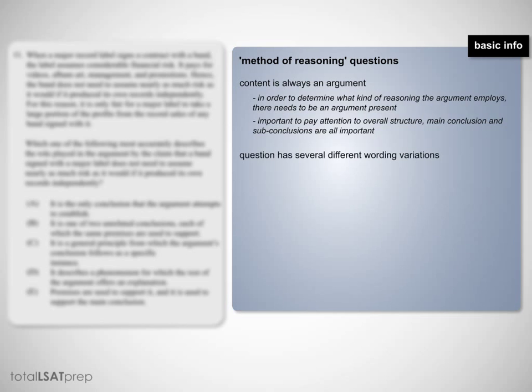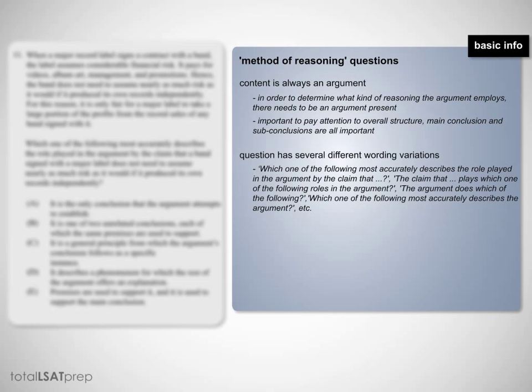Now this question has several different wording variations. Which one of the following most accurately describes the role played in the argument by the claim that, and then it'll present a claim, or the claim that plays which one of the following roles in the argument, or which one of the following most accurately describes the argument.